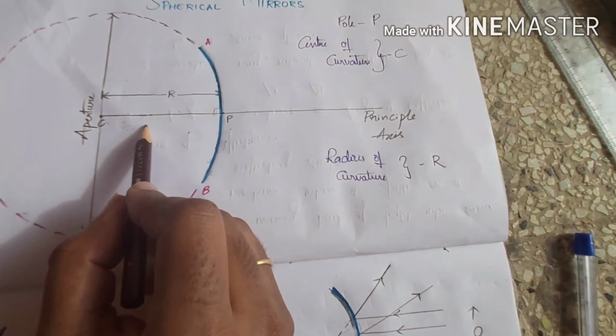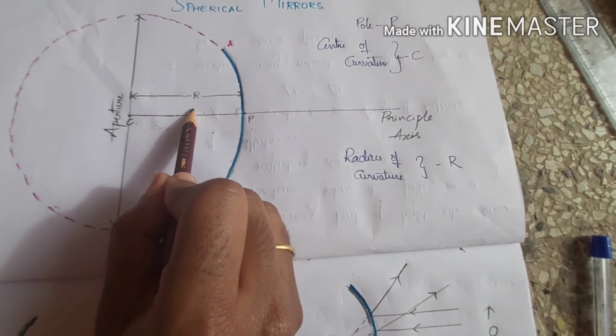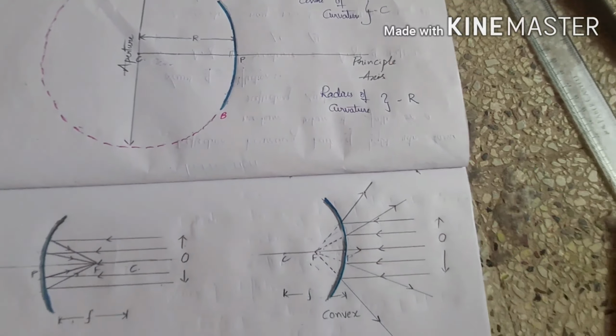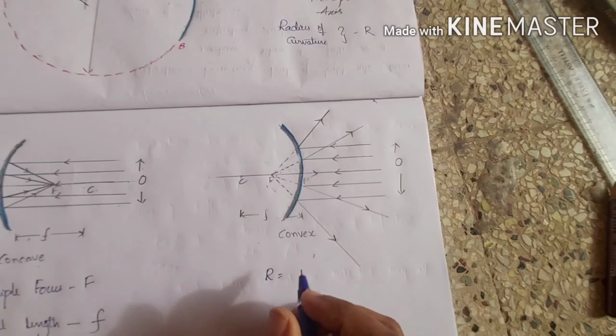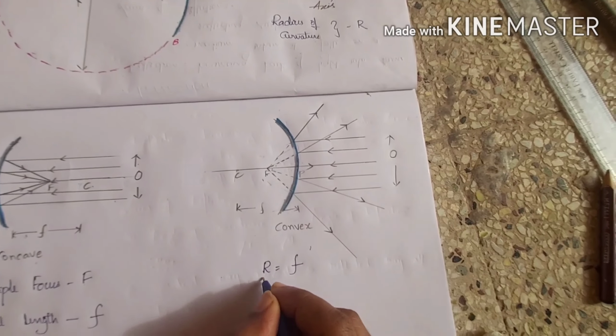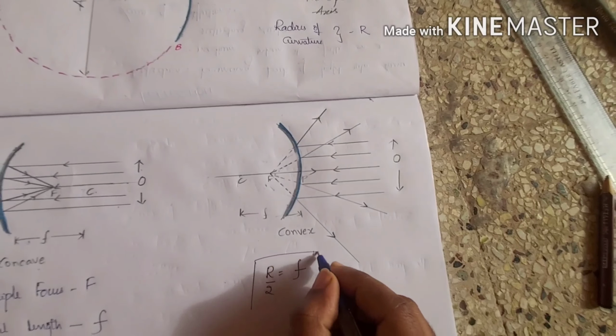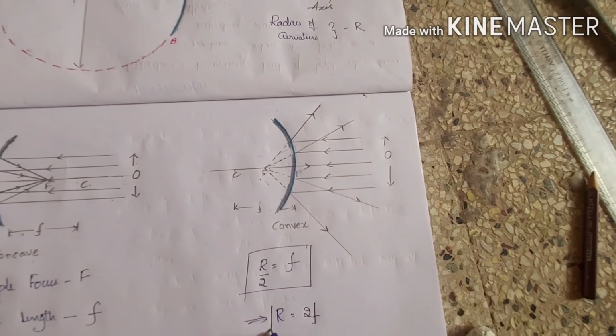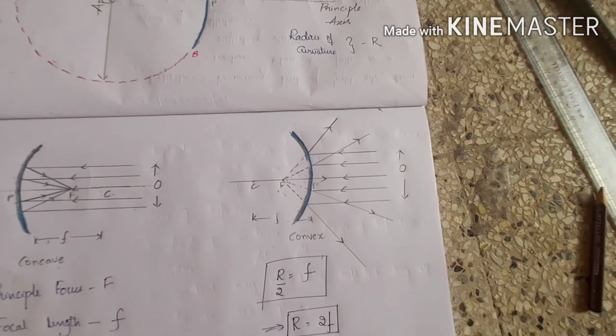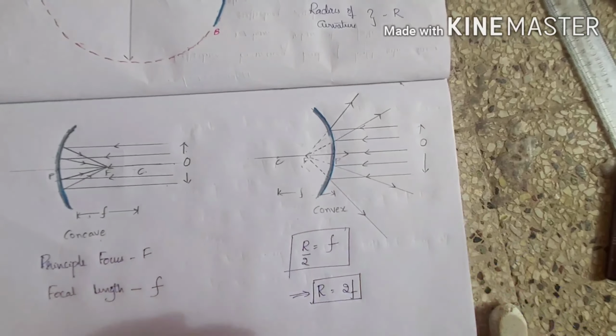What is the distance between the center of curvature and the pole? Nothing but the radius R, right? If the focal point lies halfway, this position is half of the distance. So the radius of curvature is 2 times the focal length. This formula is applicable to both concave and convex mirrors.